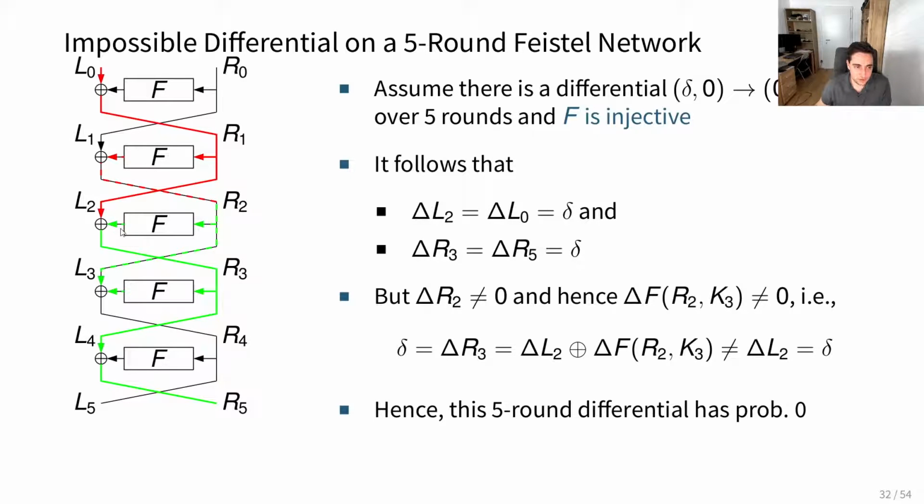So we have a non-zero difference here. Okay. So what this means is that we have a difference of delta. This is from the definition from the beginning. We have a difference of delta here, which is again a non-zero difference here after the XOR here.